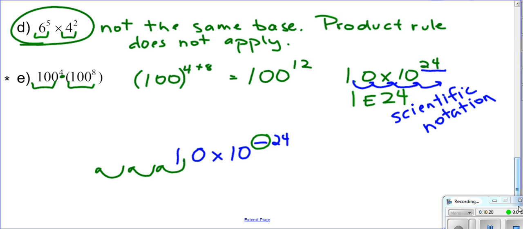So there are actually a bunch of zeros in front of this 1. So this is a very, very tiny value. So you might see scientific notation, especially going forward for some of our examples, and especially going forward in science when you're looking at either really small organisms or maybe distances in space, that kind of thing.